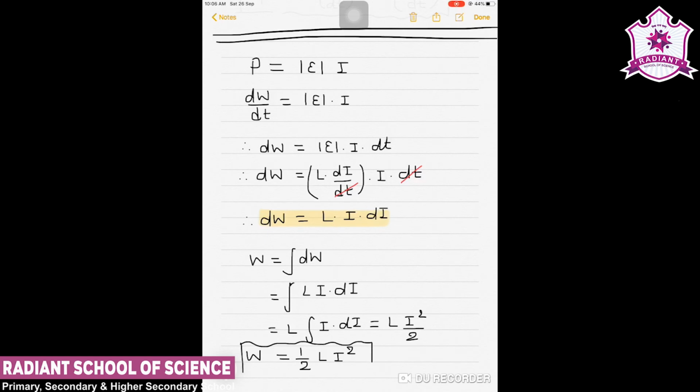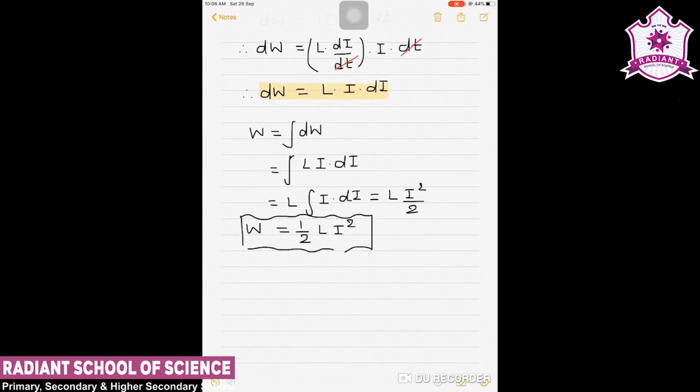This equation is reminding us of 1/2 mv square from the mechanics of motion. So this equation is analogous to the kinetic energy, where the mass plays the role in 1/2 mv square. If we compare it, kinetic energy is equal to 1/2 mv square, so we can draw an analogy between the terms.